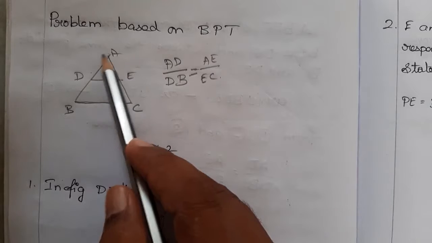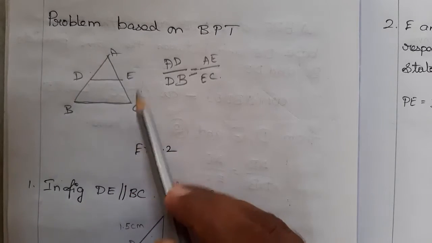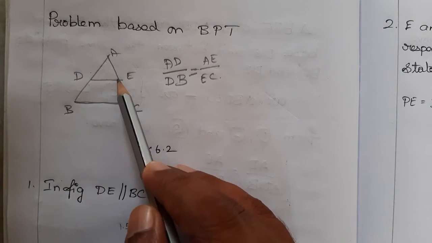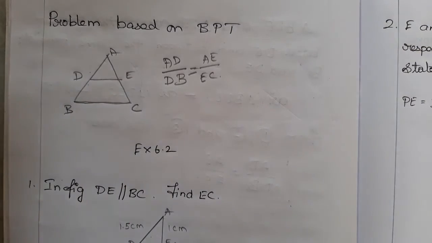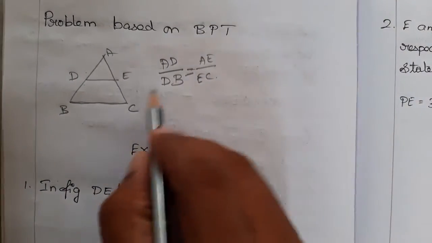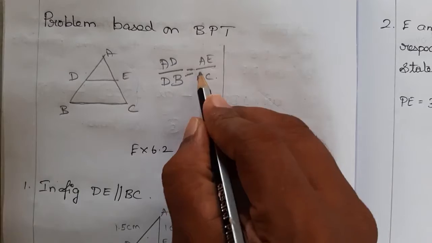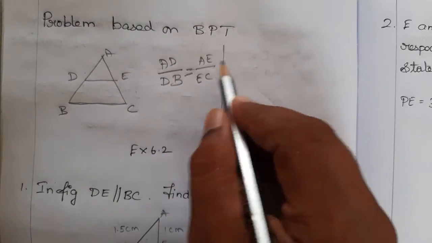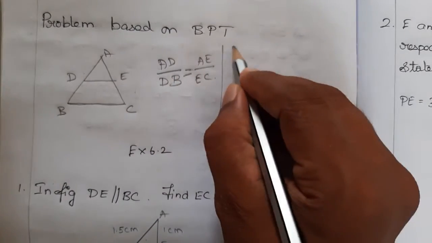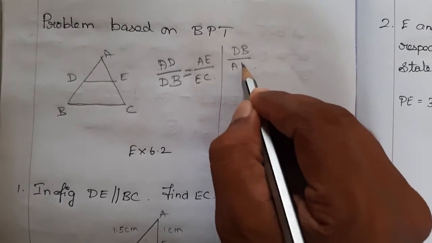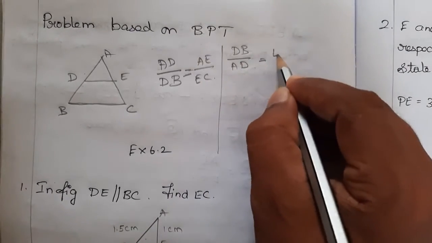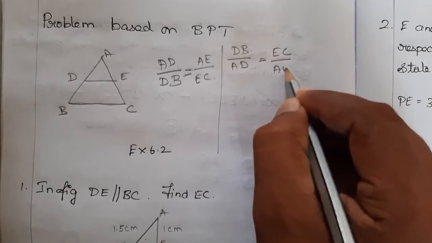So we can also say that AB by AD is equal to AC by AE. Clear? So let me prove that to you now. I will just write this in the reciprocal. So DB by AD is equal to EC by AE, right?